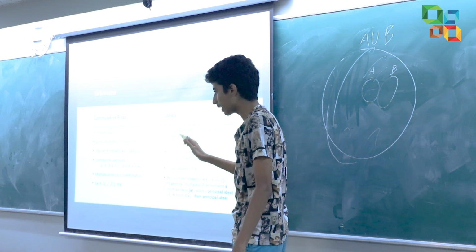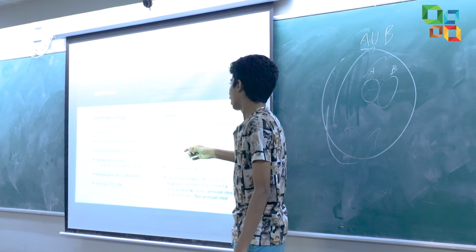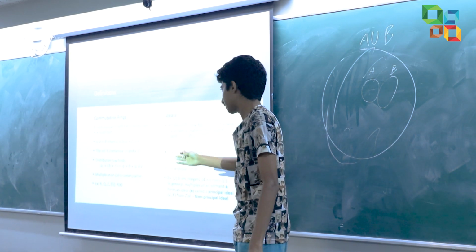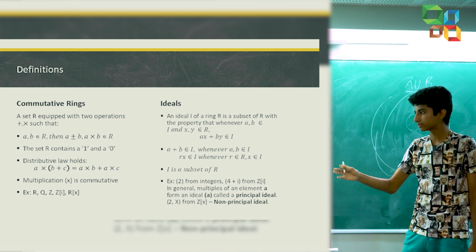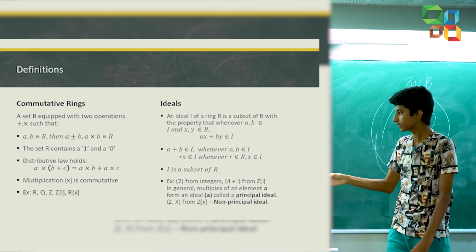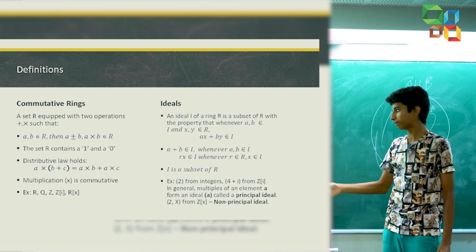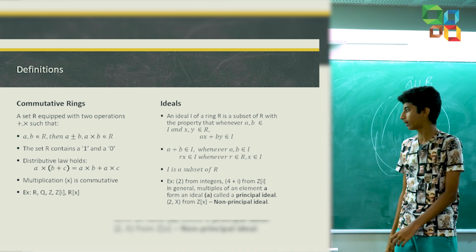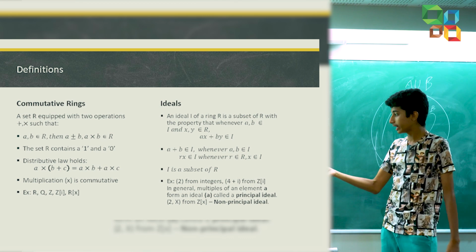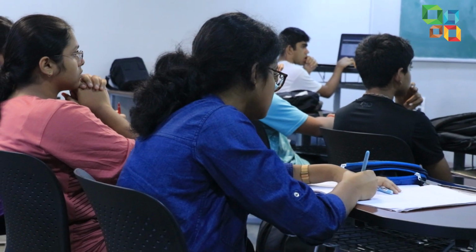Whenever some x belongs to I, all multiples of that x, that is R times x, belong to I. Those are the two defining properties of ideals, and I is a subset of R. For example, the ideal (2) in the integers signifies all multiples of 2 in the ring of integers, the even numbers.